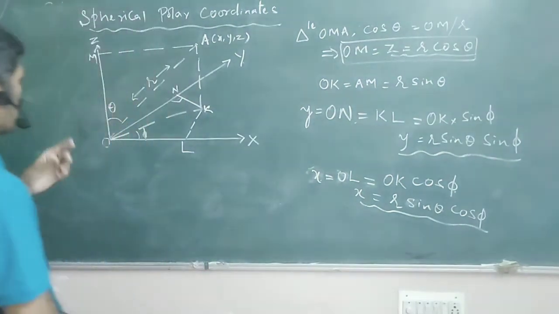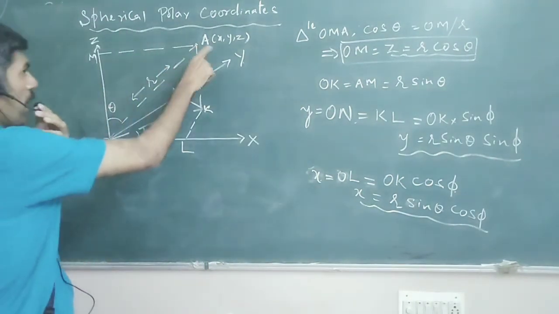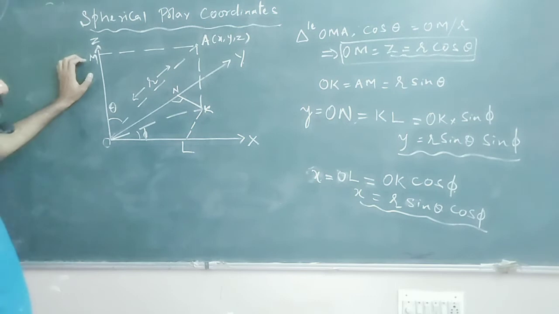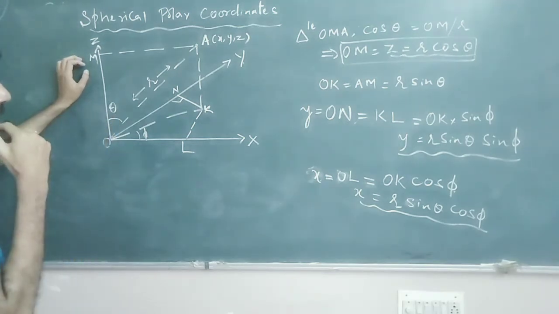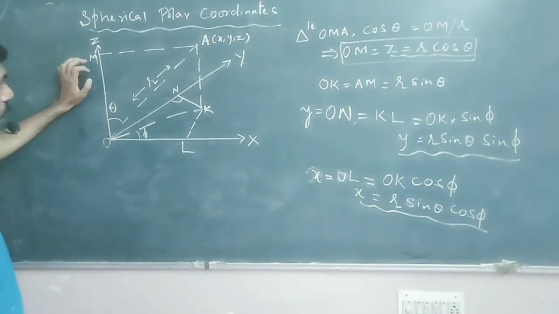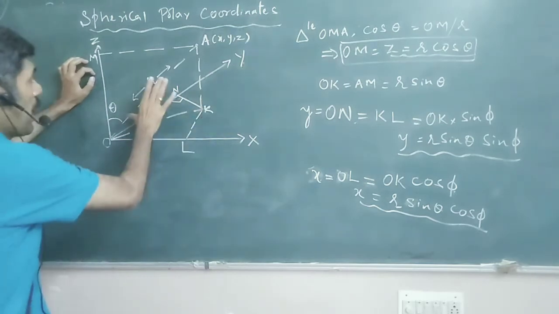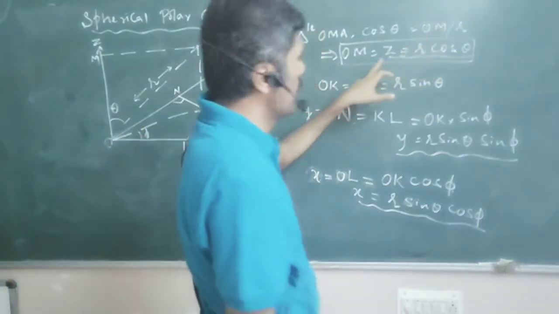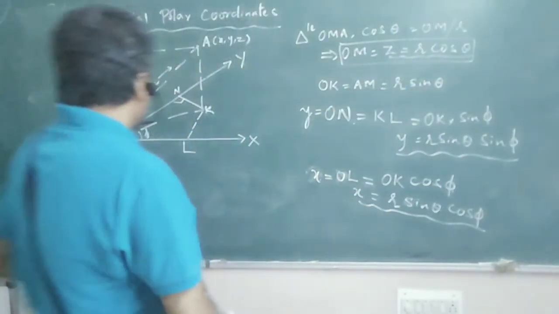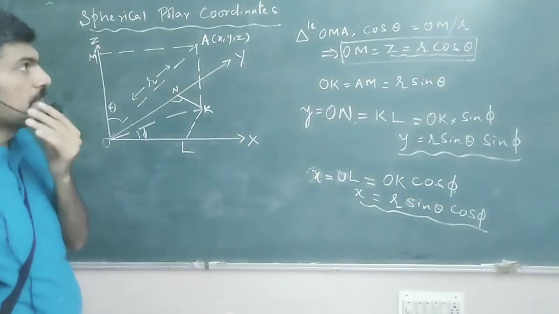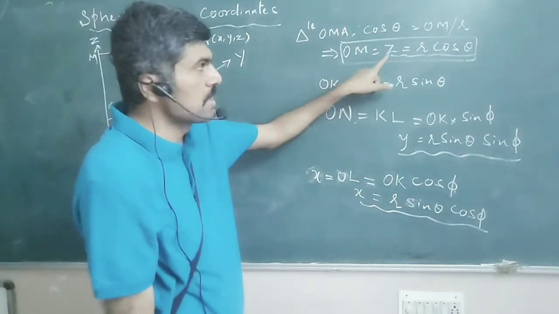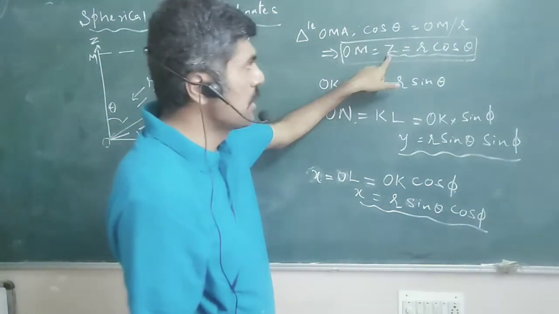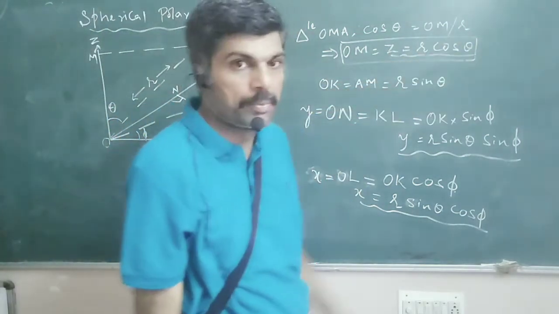When you consider the triangle OMA, you will immediately notice that it's a function of theta. So by definition, cos theta is OM by r, so that OM will become r cos theta. But OM is nothing but the z coordinate, and therefore we get the first relationship, z is equal to r cos theta.